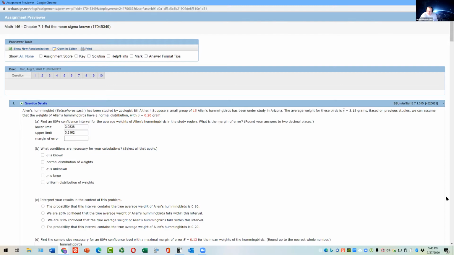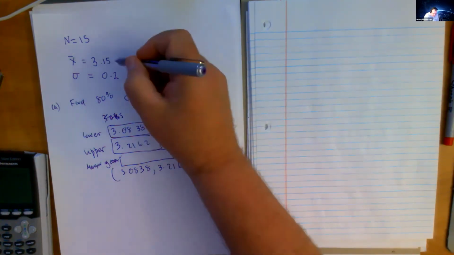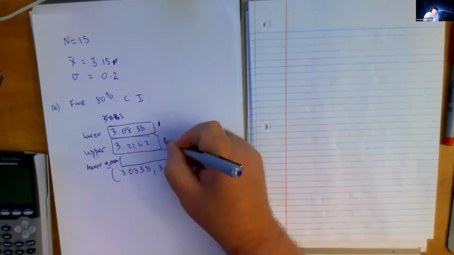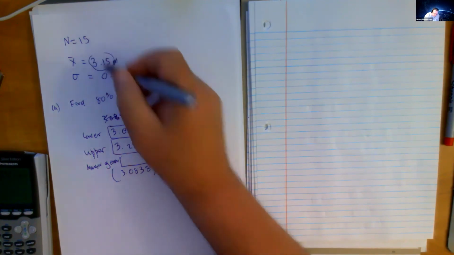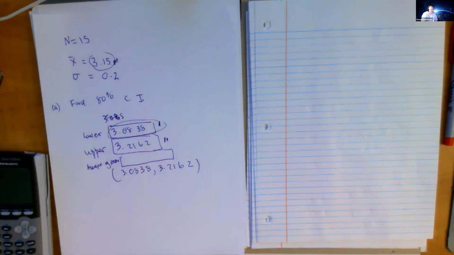So let me go back out. Can I show you? You know the mean, and you know the lower, and you know the upper, right? If I take this number and I compare it against this number, and you take one away from the other, isn't that one of the margins of error? Isn't that the minus version?